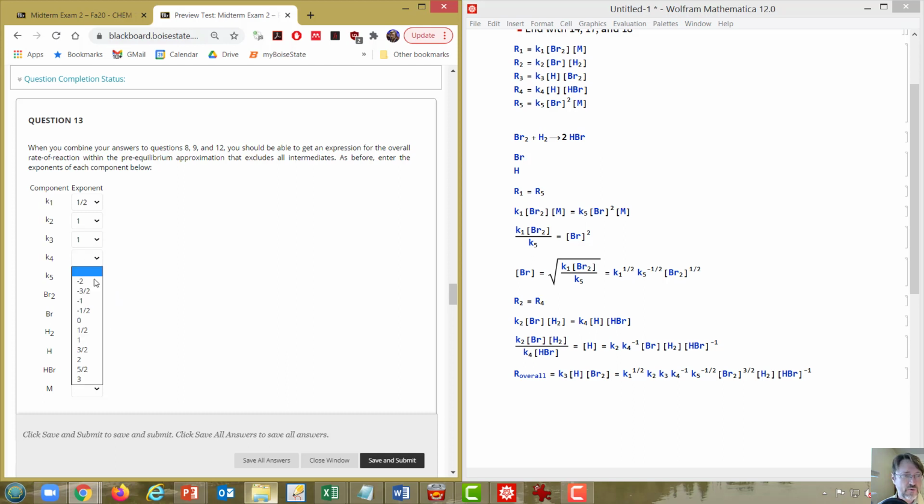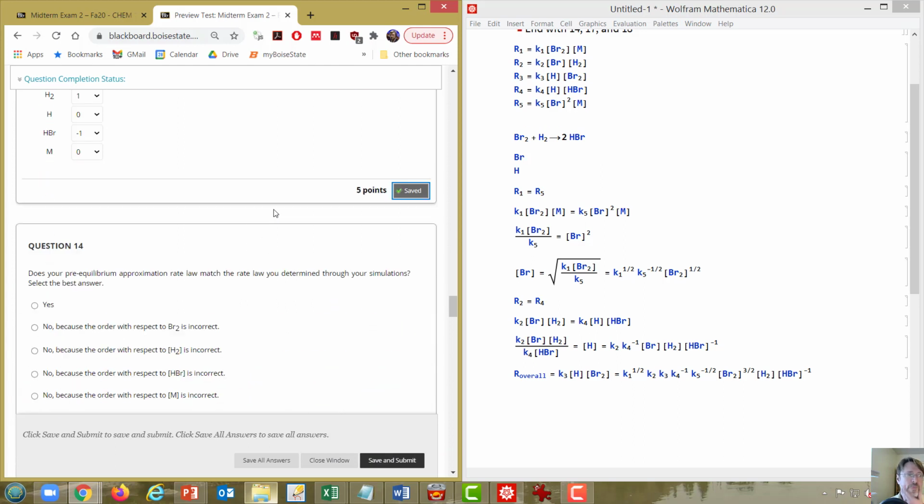K4 should be to the -1. K5 should be to the -1/2. Br2 should be to the 3/2. H2 should be to the 1. HBr should be to the -1. Everything else is 0. We're done.